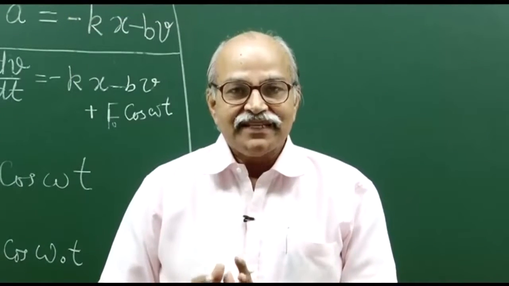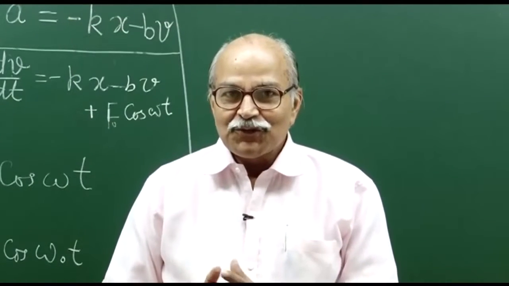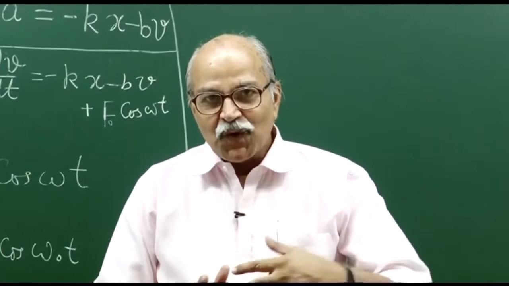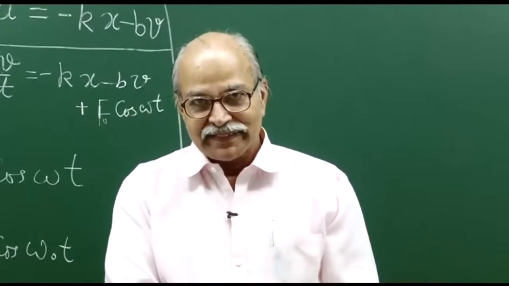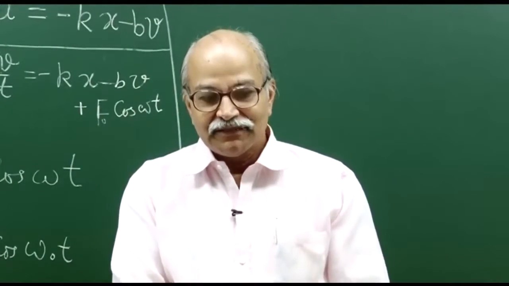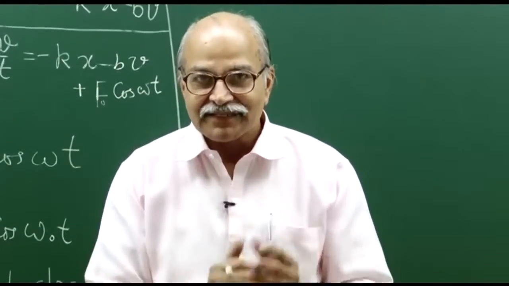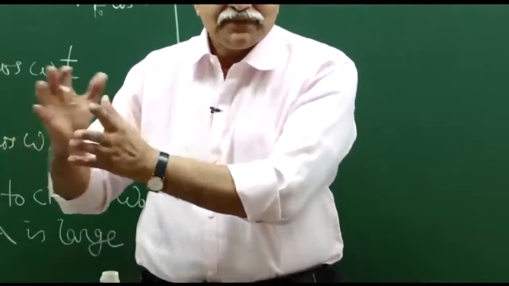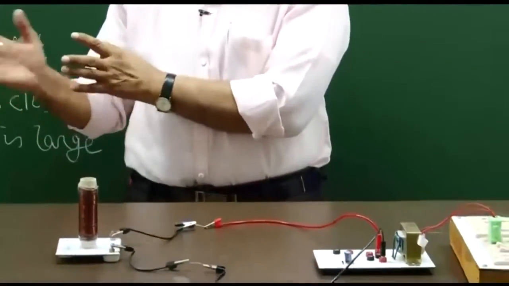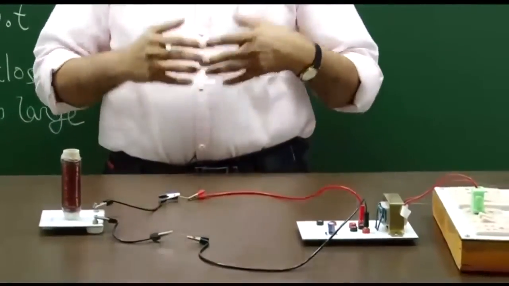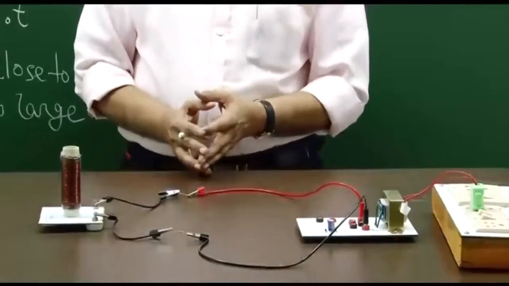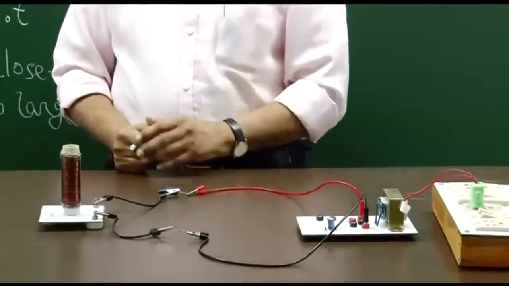So, in the previous lecture, I showed you a mathematically equivalent system in terms of an electrical circuit. You have something which oscillates in a mechanical system, but in an electrical circuit, current can oscillate.